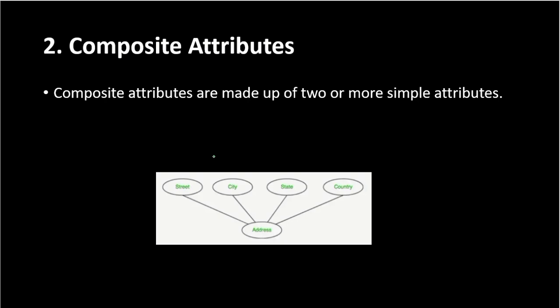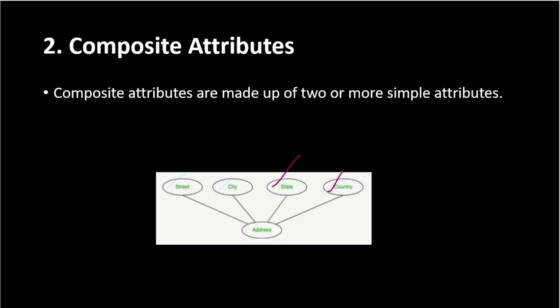If you take an example like a person's address, it is a composite attribute because it is made up of the person's street, city, state and country.